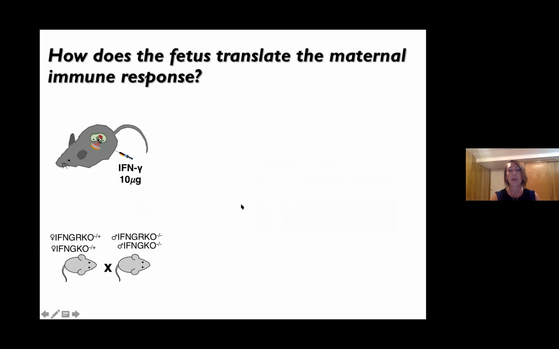This led us to try again to understand how the fetus is translating this. One of the things we wanted to do was compare the response of a congenital infection to a direct injection of the mom with interferon gamma. We did these experiments in wild-type mice or in flick-switch mice, but also with deletion of interferon gamma receptor or interferon gamma itself in combinatorial matings that would make the mom or the pups deficient for interferon gamma.